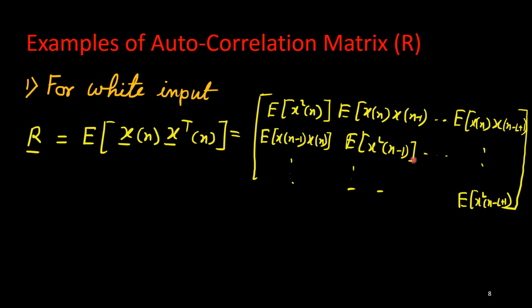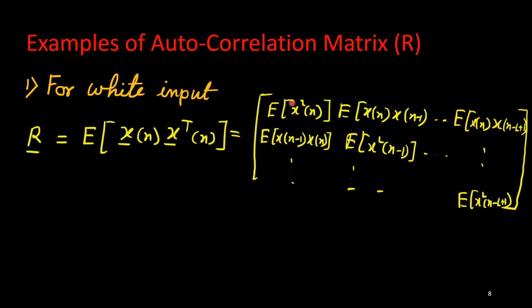On the diagonal, you will see the expected value of x squared (n minus 1) up to the expected value of x squared (n minus L plus 1). I have assumed that this autocorrelation matrix capital R is of dimension L cross L, and the x(n) vector contains the samples x(n minus 1), x(n minus 2) up to x(n minus L plus 1).